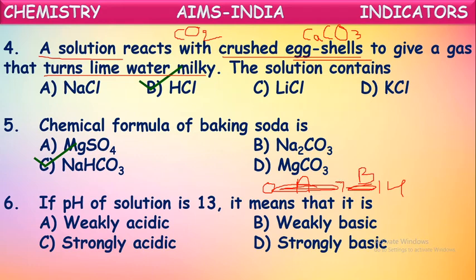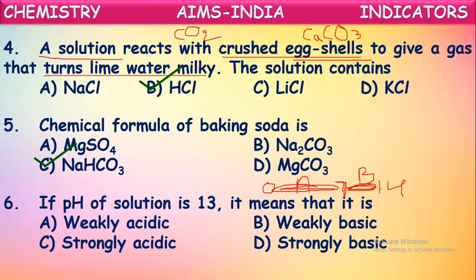If the pH is exactly 7, then that is said to be a neutral solution. So here the pH range between 7 to 14 is the basic range. As the pH value increases, reaching 14, basic nature also increases. So if it is near 14, that is said to be a strong base.